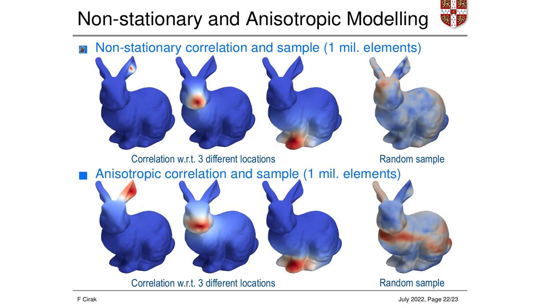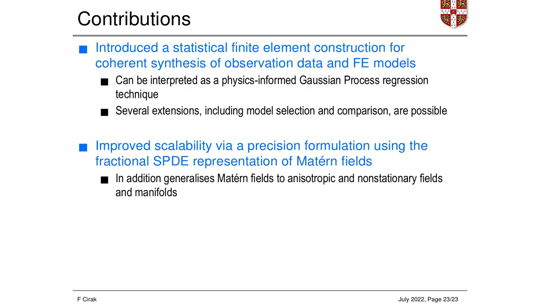So for example, we discretize the bunny surface with 1 million triangular elements. At the top, we show the non-stationary correlation function and its sample. At the bottom, we again show a similar stationary anisotropic correlation and the random sample.